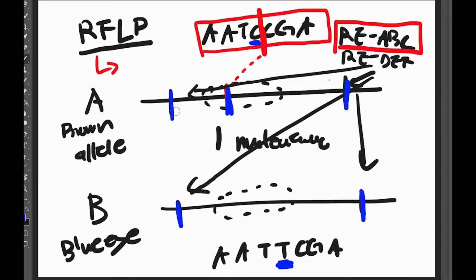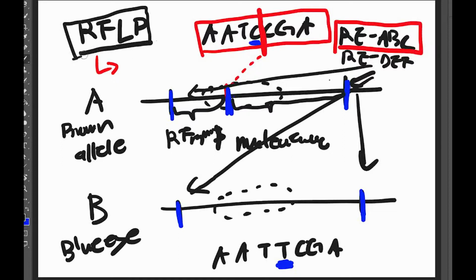And by the way, the DNA that has been clipped out is called restriction fragments. This gives us the restriction fragments, and the difference in allele allows us to make use of the RFLP.